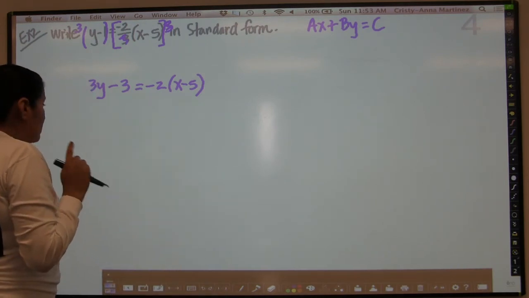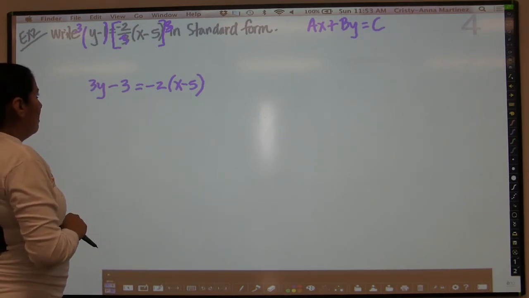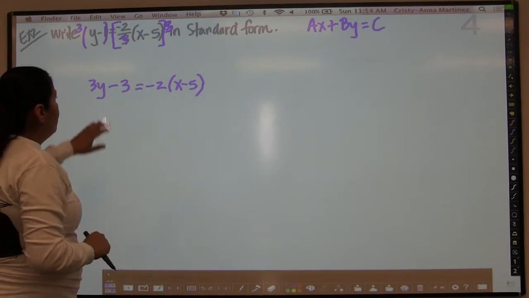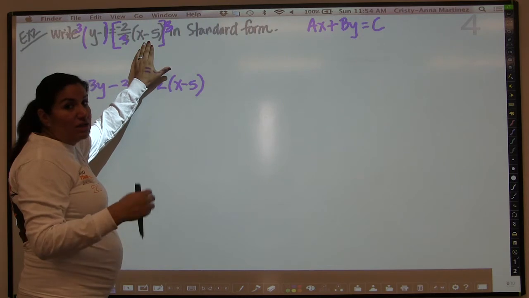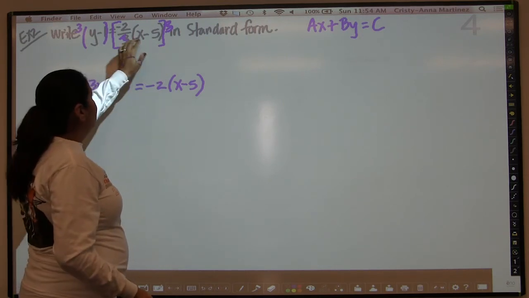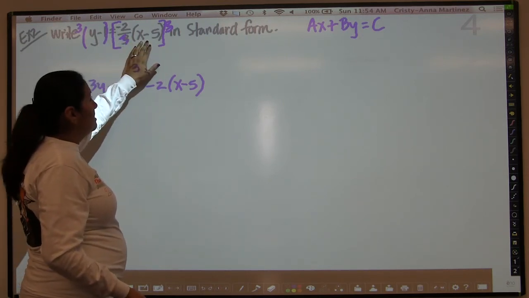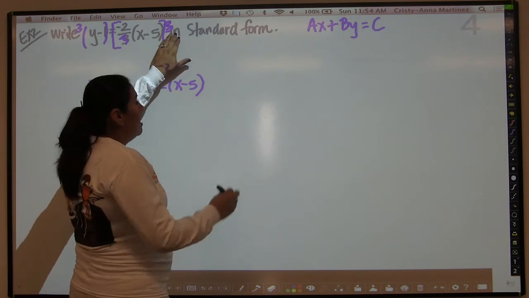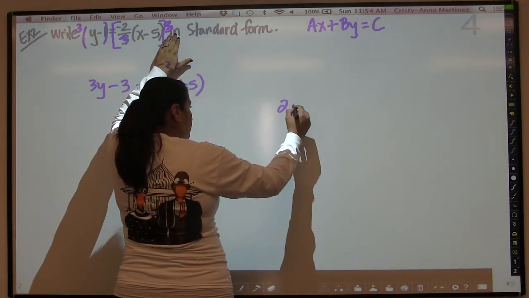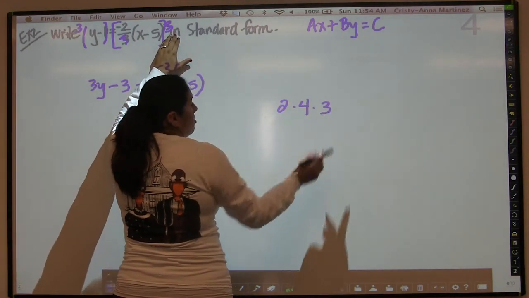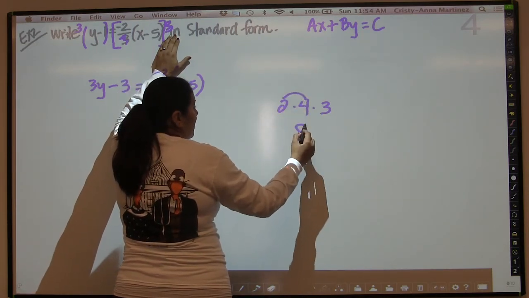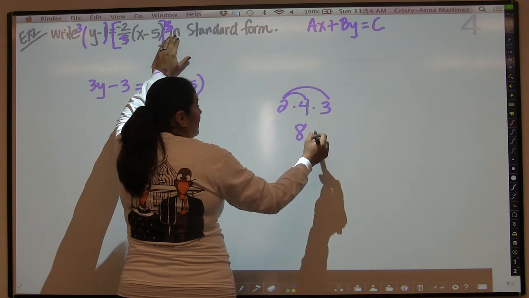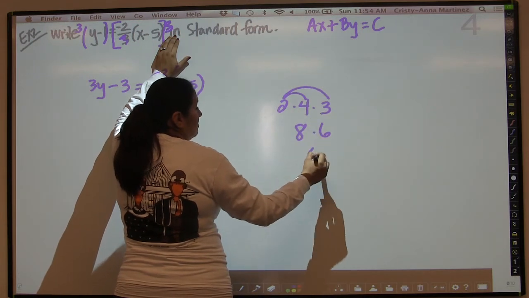Now, some of you might be thinking that I need to multiply the fraction by 3 and the x minus 5 by 3, and that's not true. Let me remind you that this is negative 2/3 times x minus 5 times 3. Whenever you have three things being multiplied, we don't go 2 times 4 is 8 and 2 times 3 is 6 and then 8 times 6 is 48.